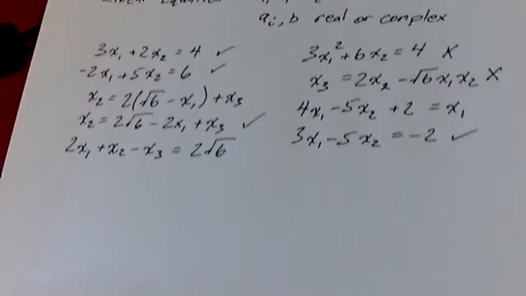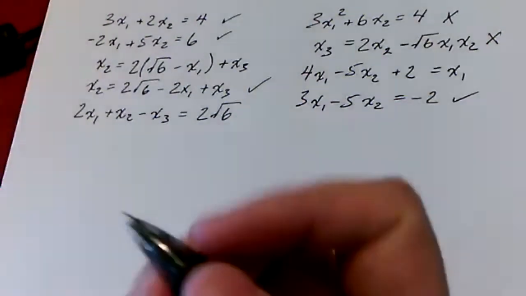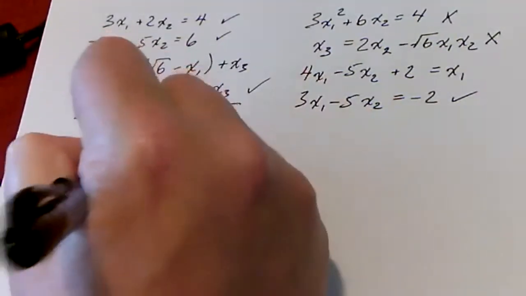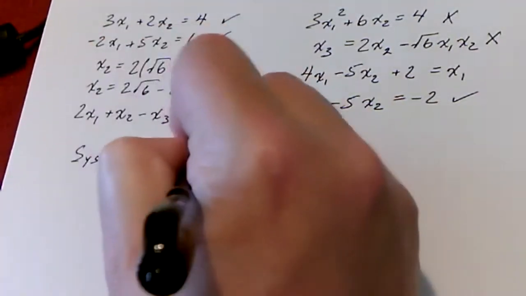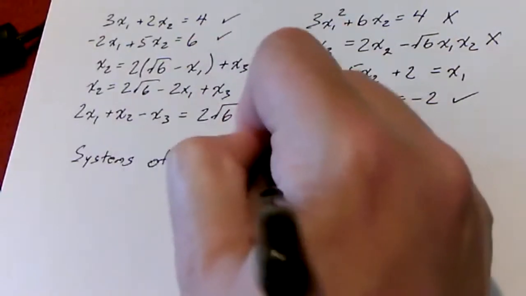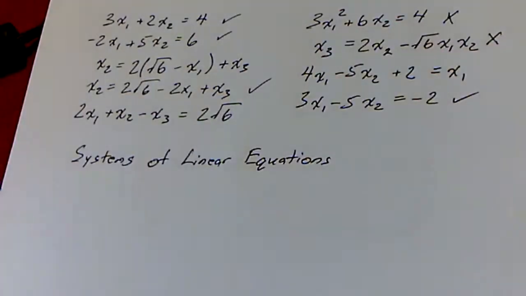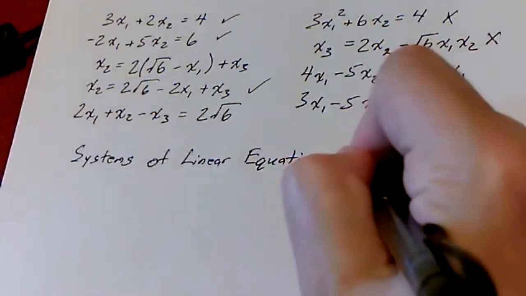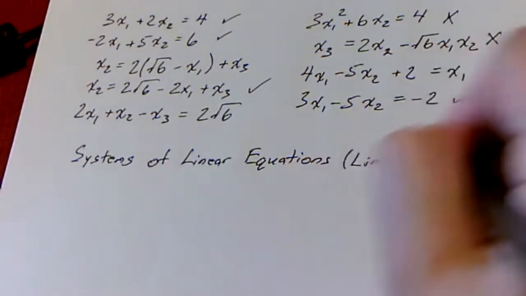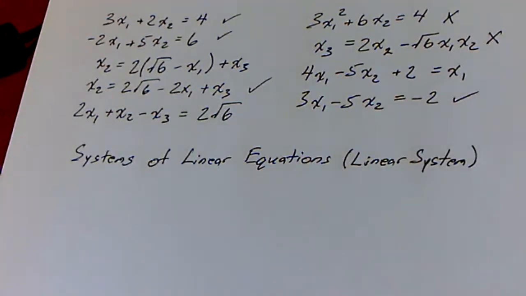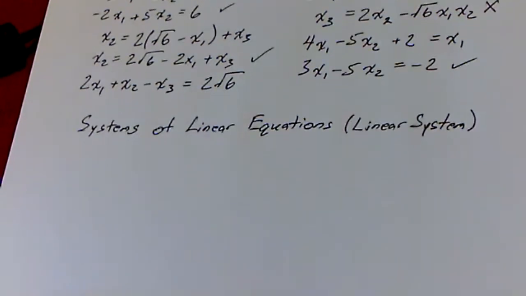Now, specifically, we're going to deal with systems of linear equations, okay? So systems of linear equations, which is we're going to have more than one linear equation that we are dealing with at a time. So systems of linear equations, or many times we shorten that to just a linear system, okay? A linear system.